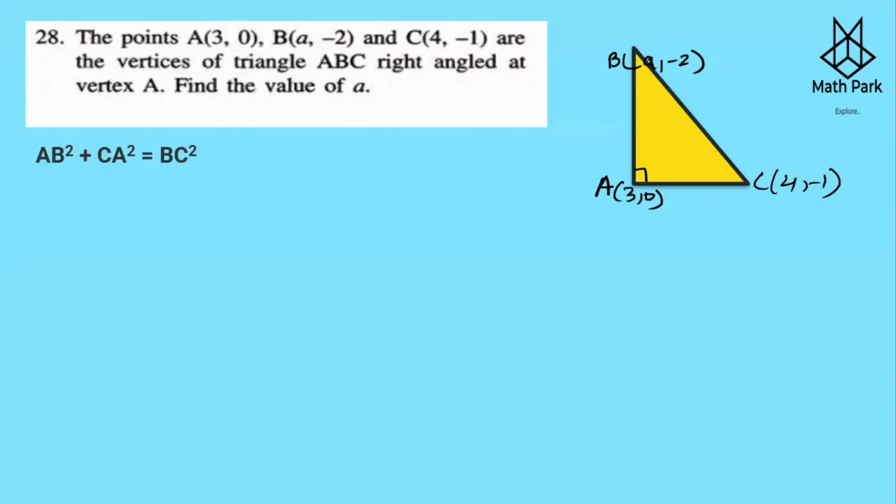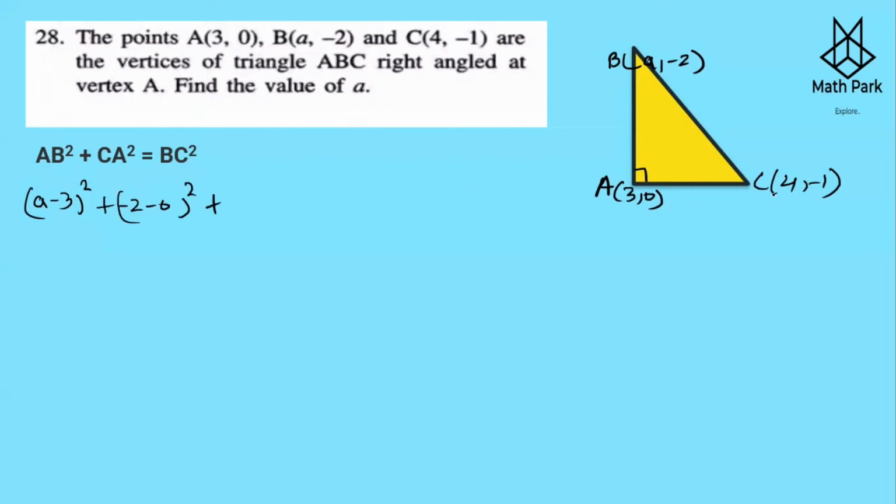Okay. So let us use the distance formula. Substitute the values. For finding AB square, this is a minus 3. So AB, I have a minus 3 the whole square plus minus 2 minus 0 the whole square, plus CA.